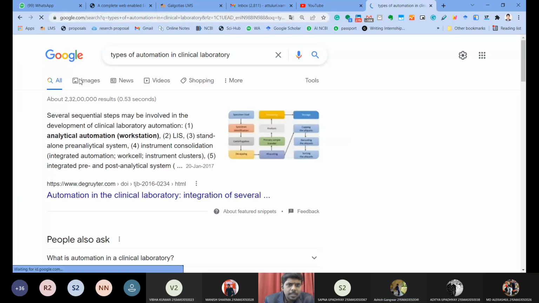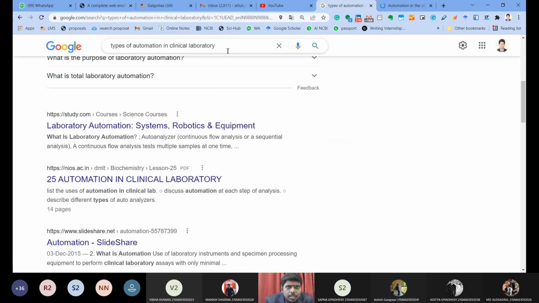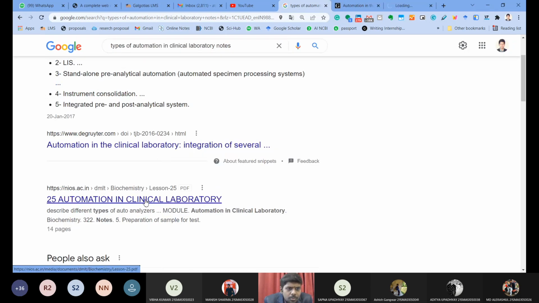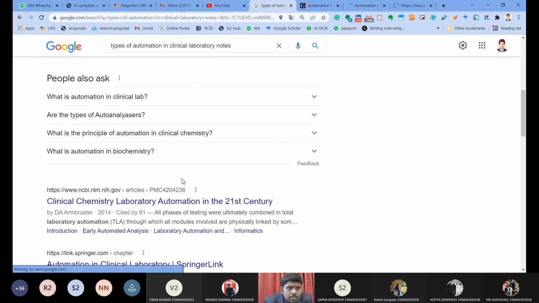You can say anything. Let us see. Maybe I can directly type notes: automation in laboratory.